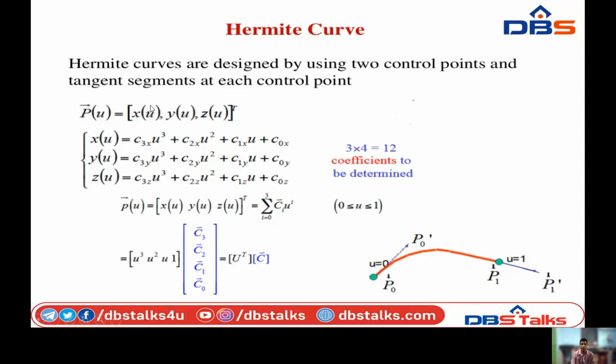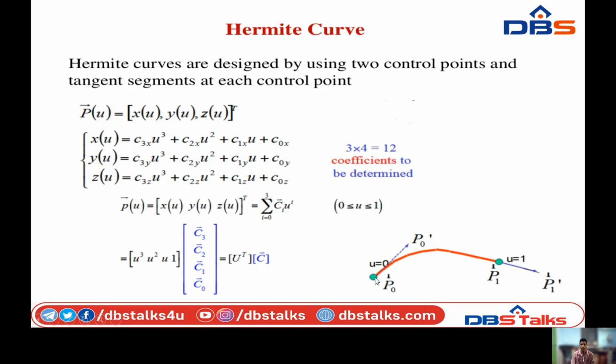First of all, the definition of the Hermite curve. Hermite curves are designed by using two control points and one tangent segment at each control point. In the figure below, I am showing what a Hermite curve is and what the two control points are. Here in this figure, I am showing two control points.